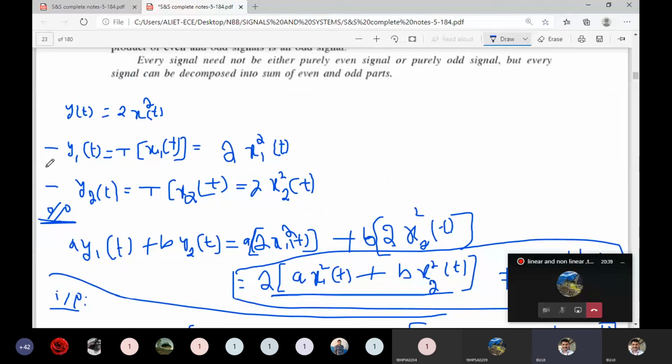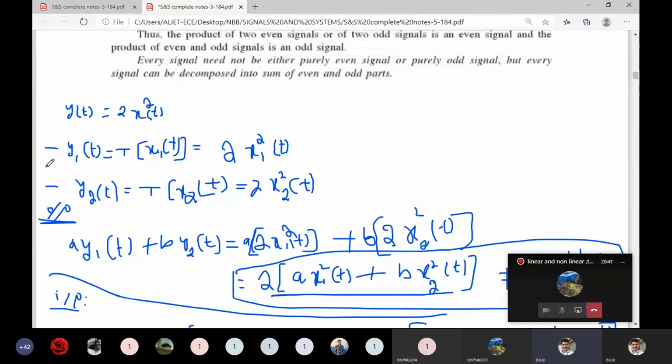I consider y of t equal to 2 times x square of t as a system, whether the system is linear or non-linear. Here y1 of t, I consider first system, y1 of t equals the transformation of x1 of t, that is 2 times x1 square of t.